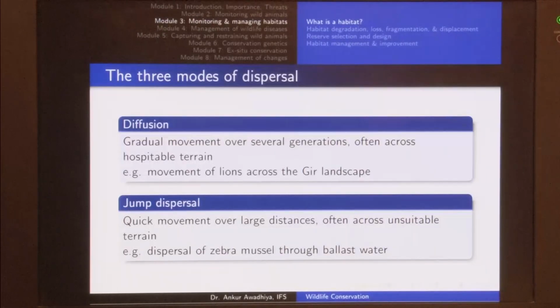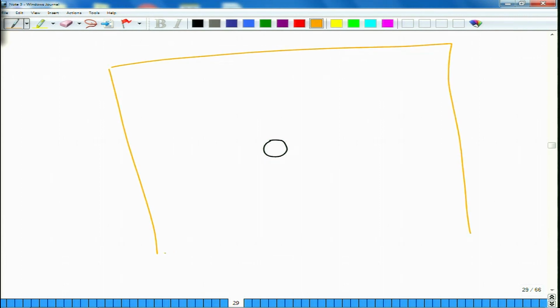Now, what is happening in the case of diffusion is that we have a small population here and it is surrounded by areas where the animals would be able to survive and reproduce everywhere. However, because we have so few animals here, it takes a while for these animals to move away to different areas.